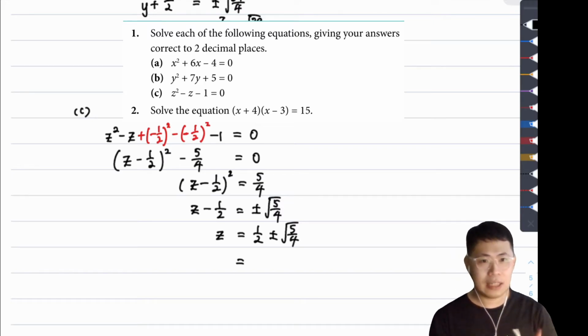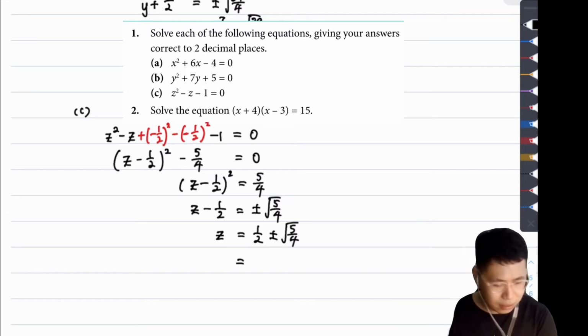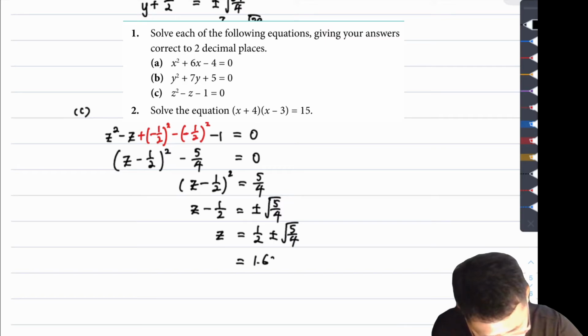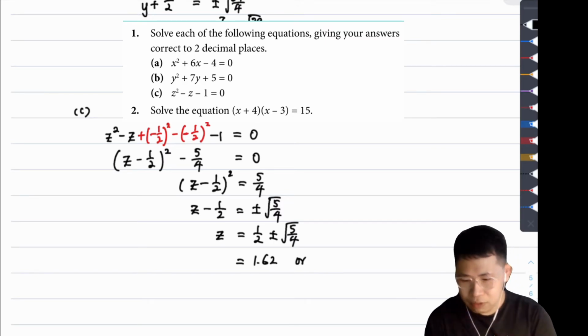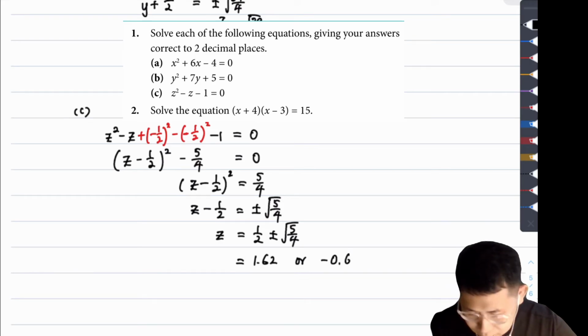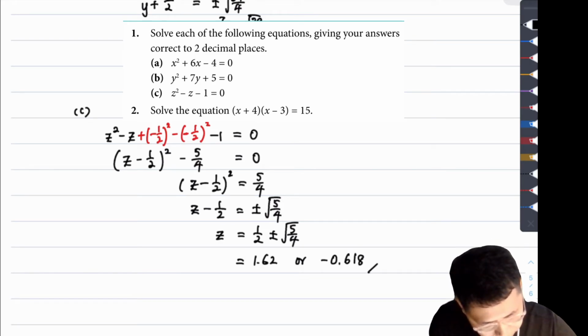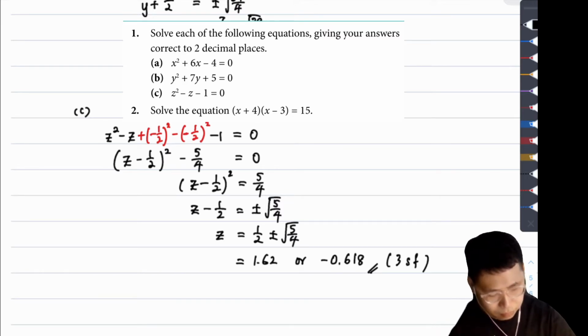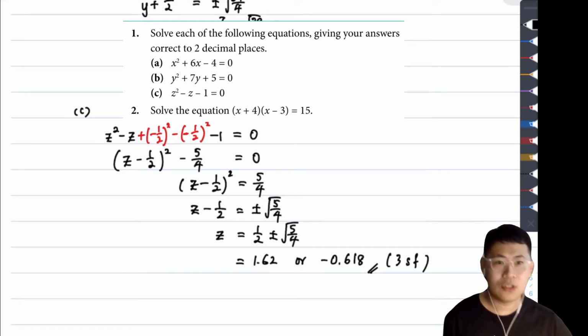Write this down in 3SF. Half plus root 5 over 4 gives 1.62. If we minus, we have z equals negative 0.618, 3SF. So there goes our solving of the equation.